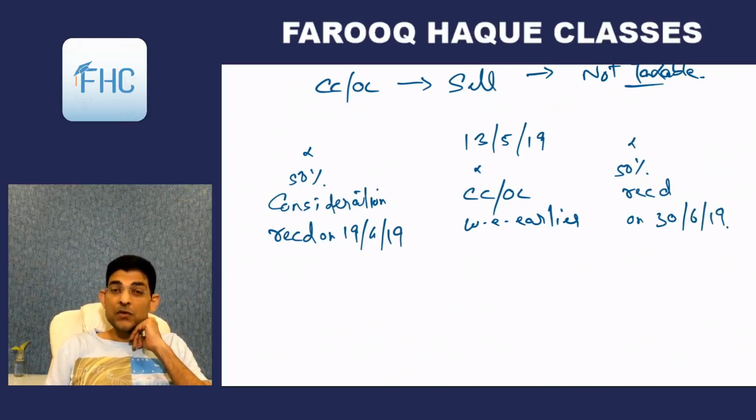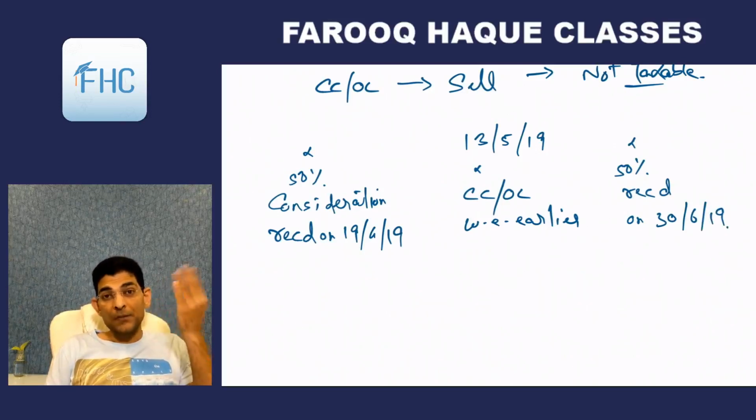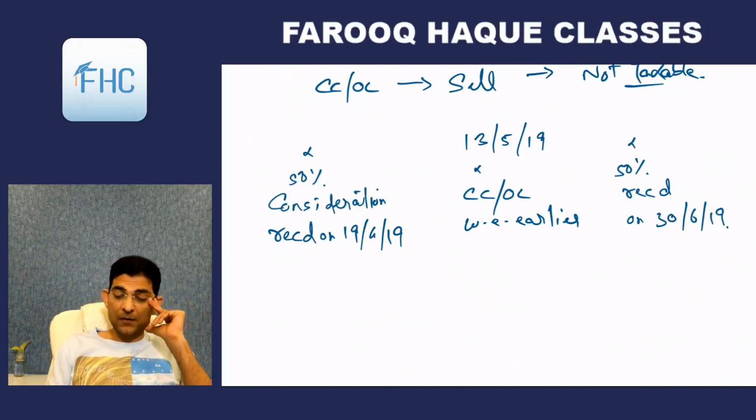So then the question is that how much is taxable? Only this 50%, the first amount is taxable, or both, complete amount is taxable? So answer is complete amount taxable. So both these amounts, 50% and 50%, are taxable.